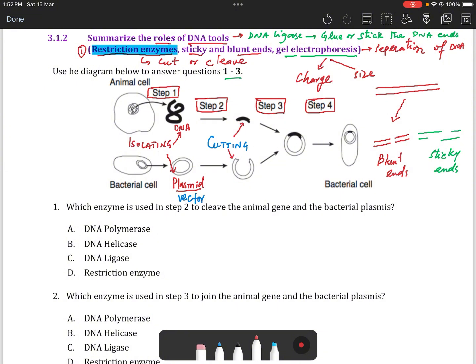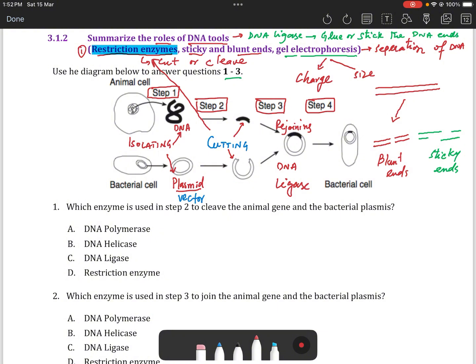So you cut them, and in step number 3 you rejoin them. This rejoining is done by the DNA ligase, and the cutting is done by the restriction enzyme.